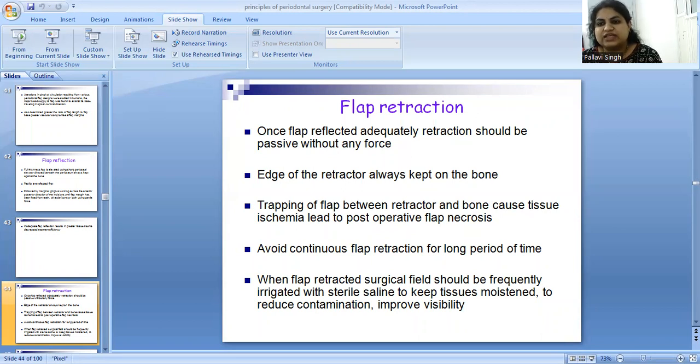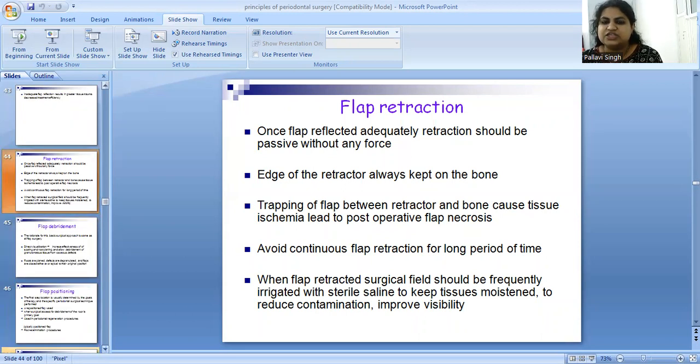When a flap is reflected and retracted, the surgical field should be frequently irrigated with sterile saline to keep the tissues moistened, to reduce contamination and improve visibility. Basically, for the retraction of the flap, continuous irrigation is necessary because the full thickness flap causes exposure of the bone to the surrounding tissue.